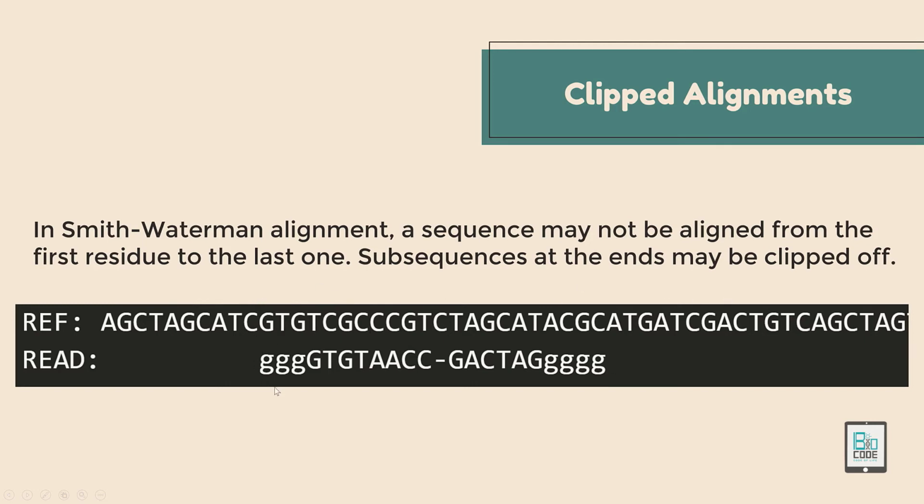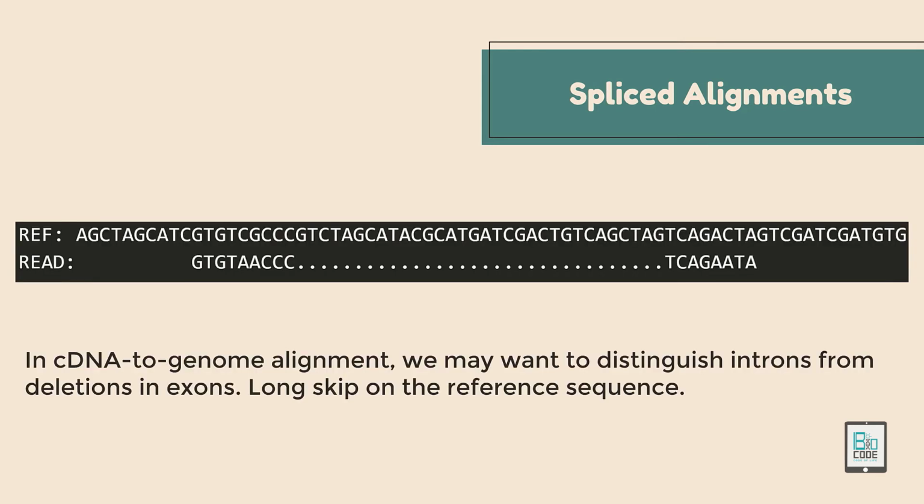But in SAM alignment, the entire reference genome is being shown, this is the reference genome, and this is the aligned read of the genome that you have sequenced, and it shows where it actually aligns. So this is the difference between the Smith-Waterman algorithm and clipped alignments within the SAM file format.